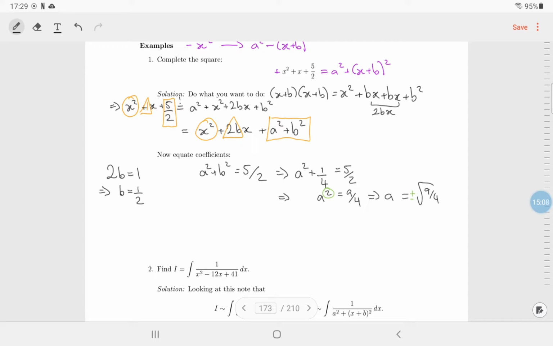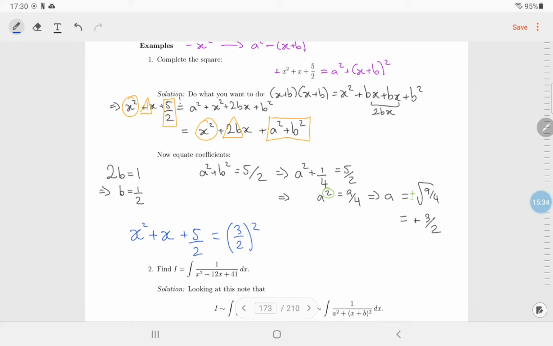Just do it with 3 squared. So it's plus the square root of 9 over 4, which you could put into the calculator and you get 3 over 2. So now our answer is x squared plus x plus 5 over 2 is equal to a squared, which is 3 over 2.